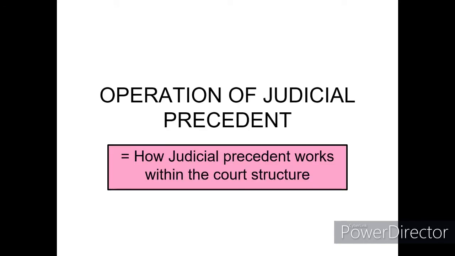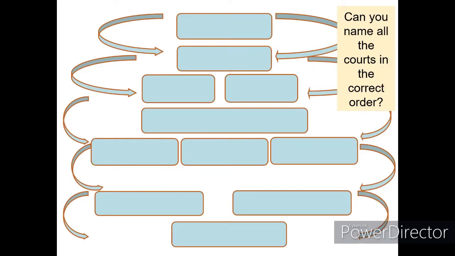So first of all, what is the operation of judicial precedent? We're talking about here how judicial precedent works within the UK court structure. Obviously, the first thing you need to know are the courts in the right order. You should already know this.